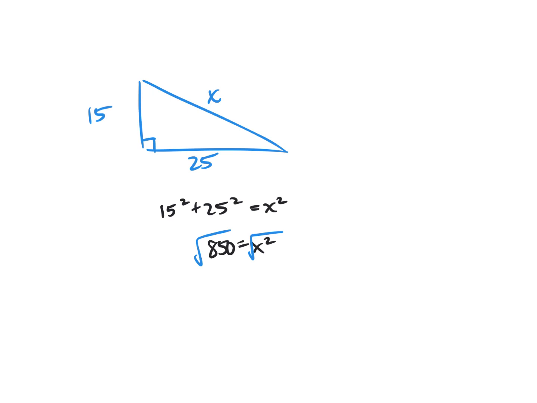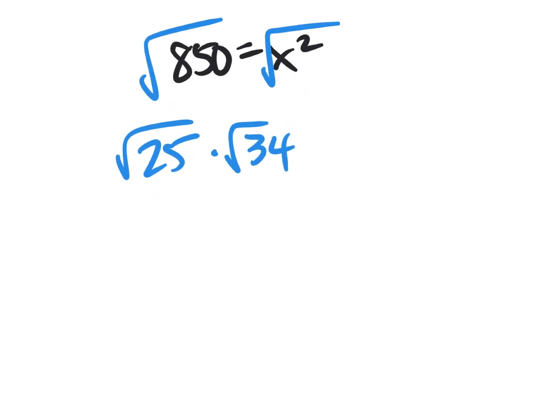What numbers did we get that went into 850? 25. Ooh, why do we like 25? Because it's a perfect square. Does 50 go into 850? Yeah, but it's not a perfect square. So I'm going to go with the 25. I dig that. 850 divided by 25 leaves me with a 34. So I got root 25 times a root 34. What's root 25? 5.